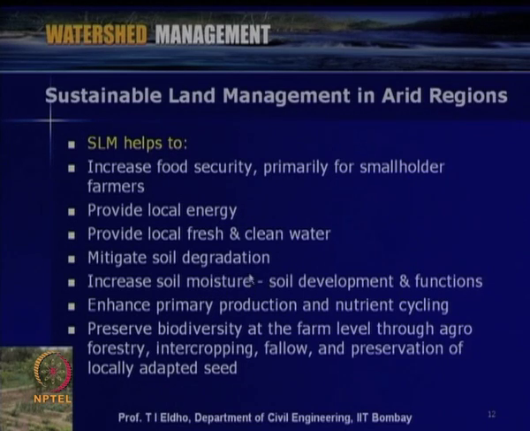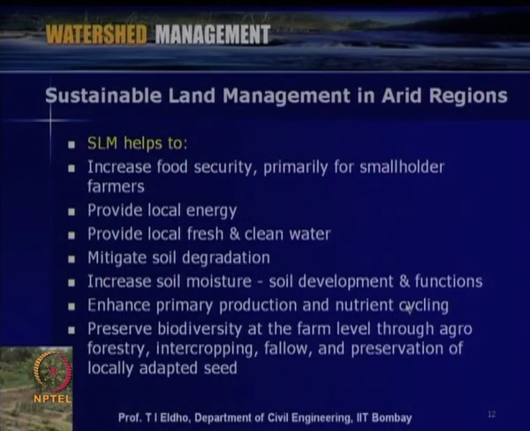When the soil moisture is improved, the agricultural yield will be more, or we can use more land for agricultural purposes. So, an increase in soil moisture is very important.